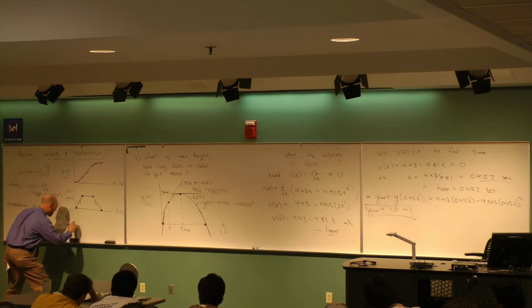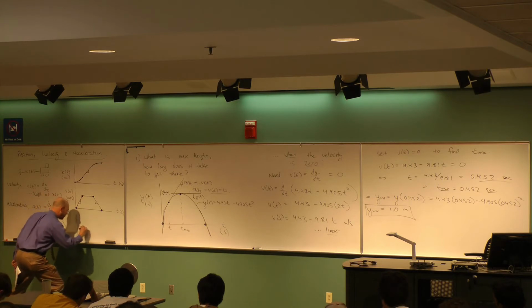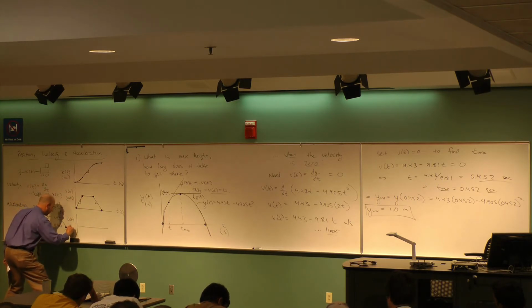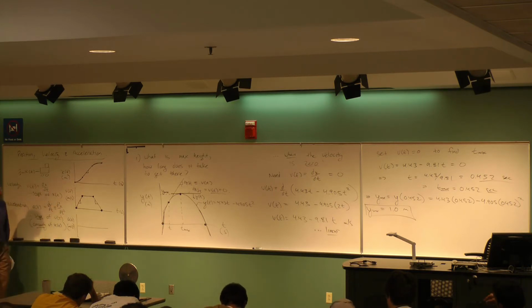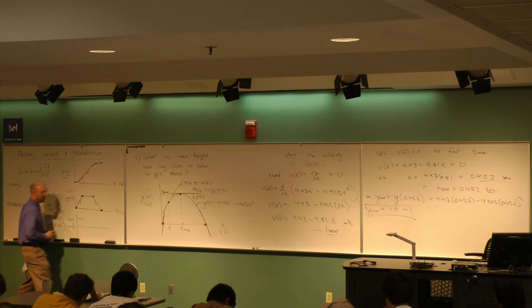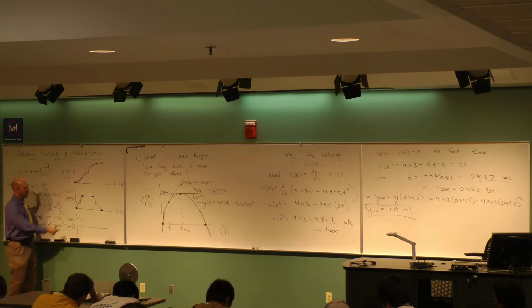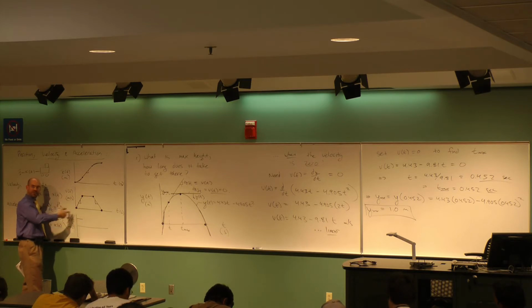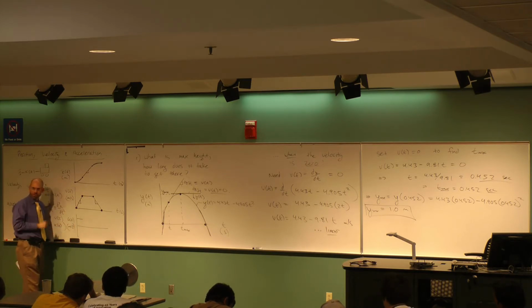So really acceleration apparently, to have this going on, is an a of t in meters per second squared that for the first part is just a constant value, right? Because the derivative of a line is a constant, one less order polynomial.